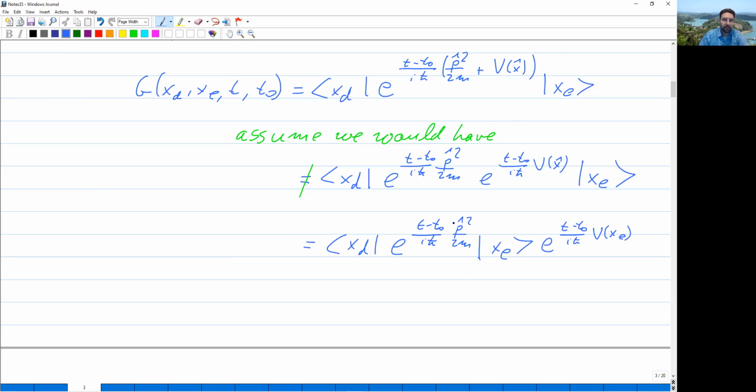Now, that here is still a momentum operator, and we need position matrix elements, but we can handle this. We know how to do this. We insert a resolution of the identity over here. So we can write this as xd, e to the power of (t minus t naught) over i h bar, p hat squared over 2m, and then a resolution of the identity with p, integrated over dp, then p, xe, and then e to the power of (t minus t naught) over i h bar, V of xe.